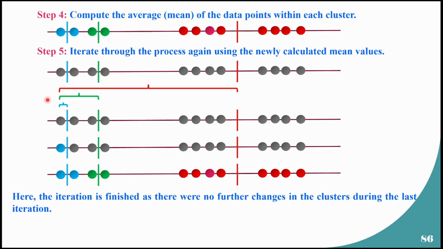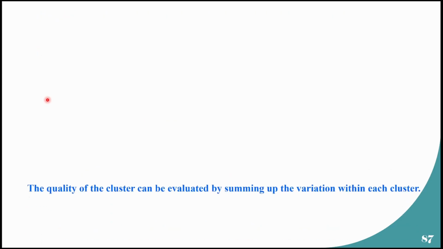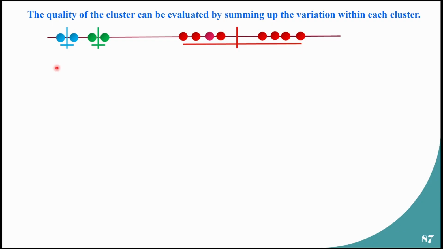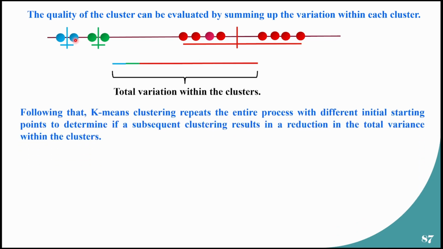Now, when your assignments are completed and a new solution cannot be found for this particular iteration, the algorithm calculates a summed up variation of the assignment. So the total variation within the clusters is calculated, and that will give you an idea: okay, this is the total variation within this particular result. But the algorithm is not done yet.